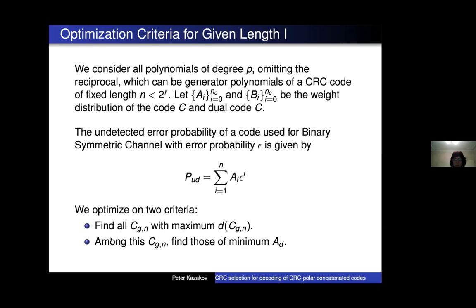Excuse me, I would like to clear that D means minimum distance. Yes, the D is the minimum distance. I didn't put it here. We'll talk about the complexity of this problem later on.